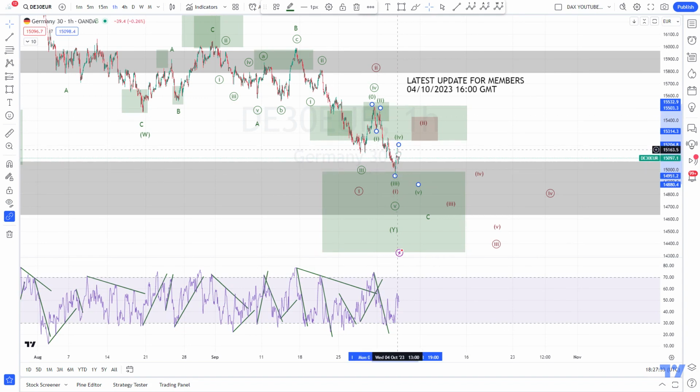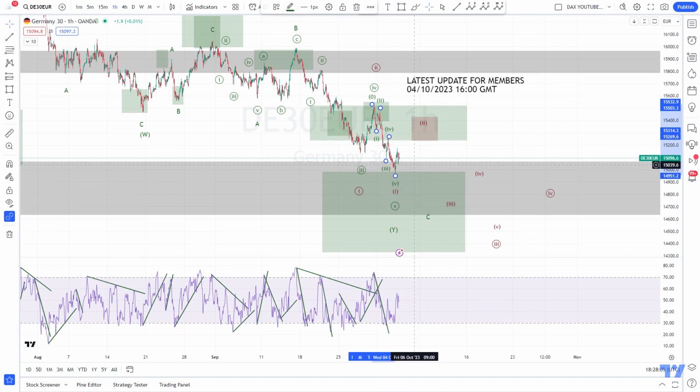We are now having a wave 4, followed by a wave 5. So this is an alternative scenario, which is not on the chart right now, because I have to keep the overview. But keep in mind that even in the green scenario, we can make an additional low here. If this is the 3, this is the 4, and this is the 5, this is still possible. However, I will put it now like this.